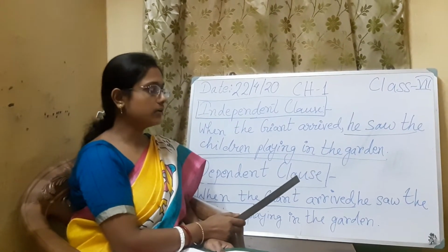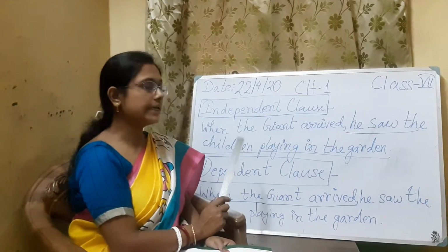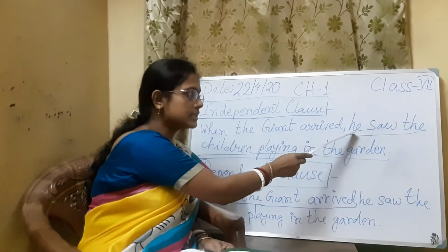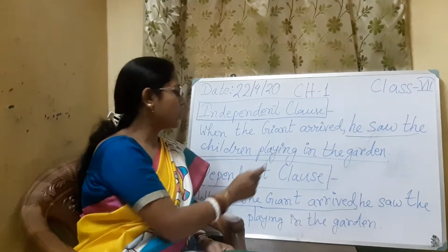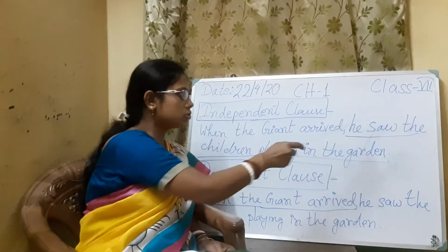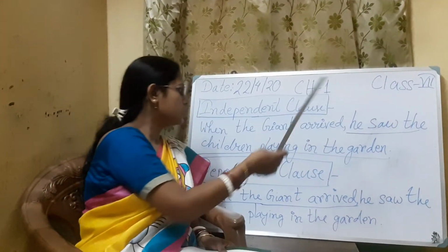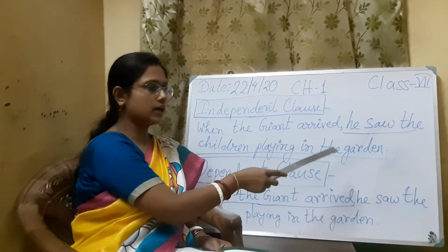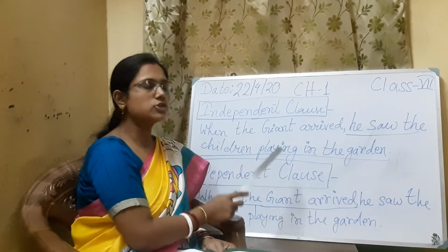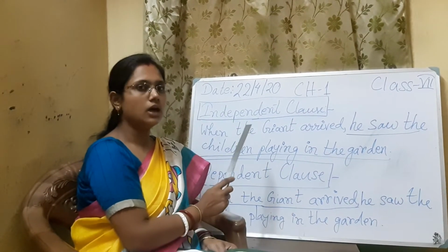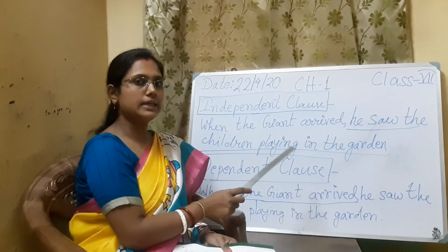The subject here is he. Who saw the children? He saw the children. So he is the subject. And what is the verb over here? Saw is the verb. Saw the children playing in the garden. And the meaning is also clear.